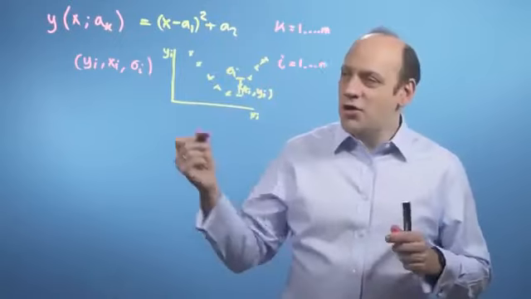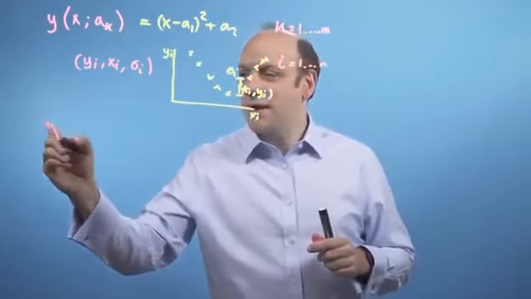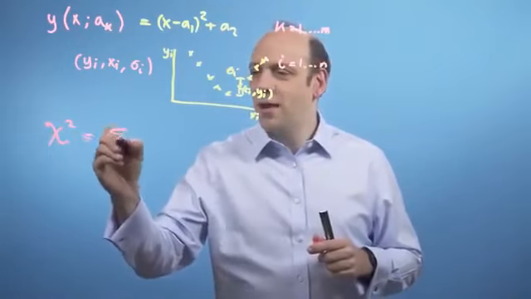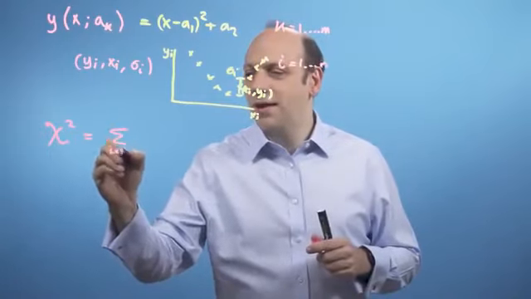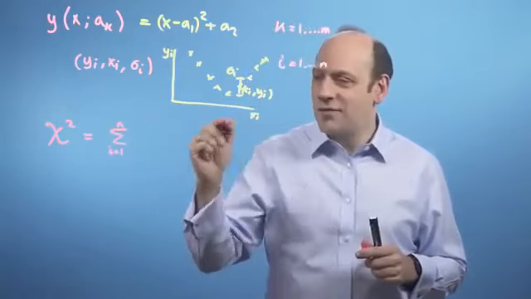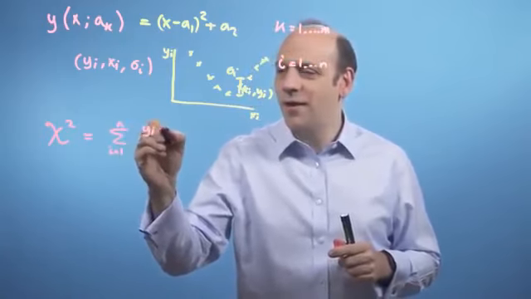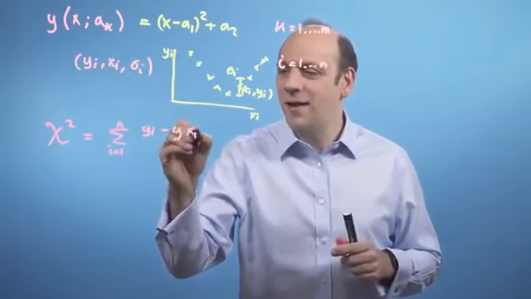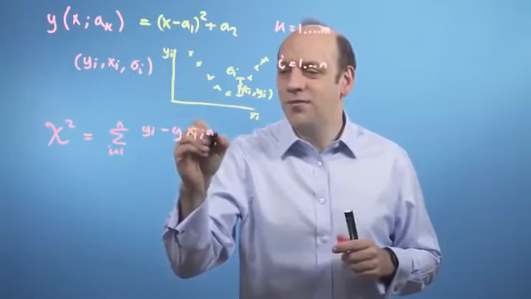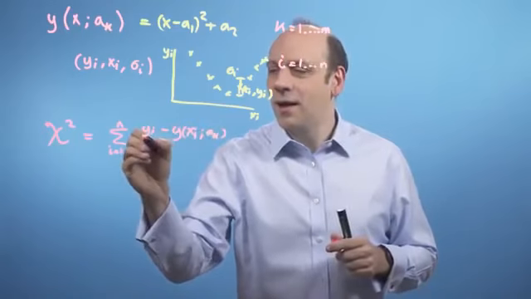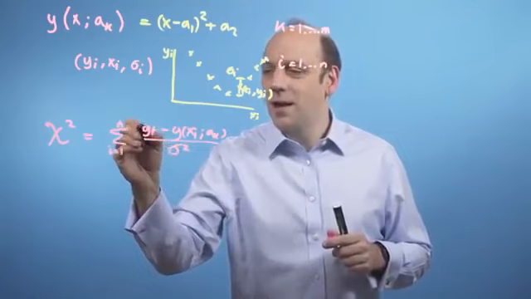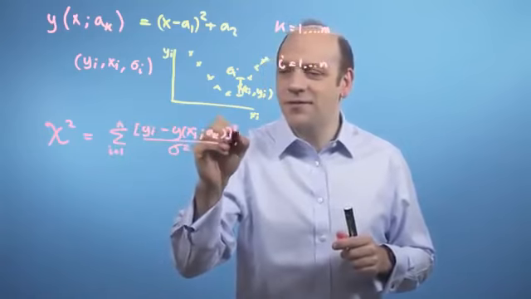Then I'm going to define a goodness of fit parameter, chi squared, as being the sum over all the data points i of the difference between the y_i and the model of x_i with its parameters a_k, all divided by sigma_i squared, and I'm going to take the squares of the differences.